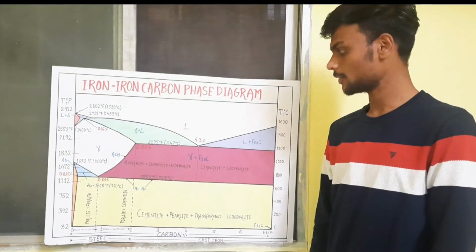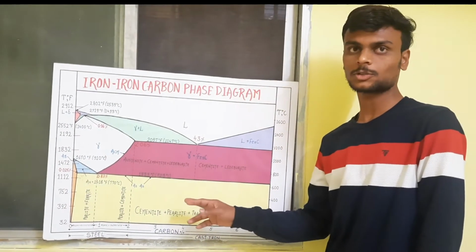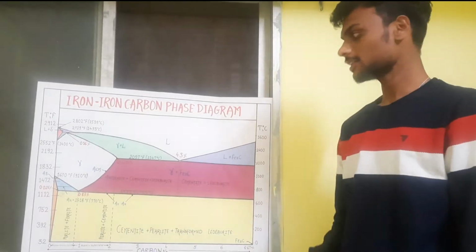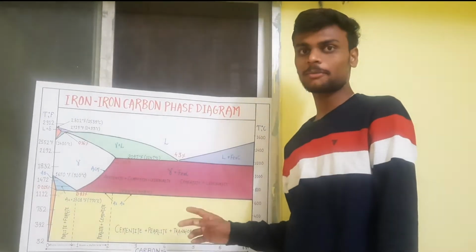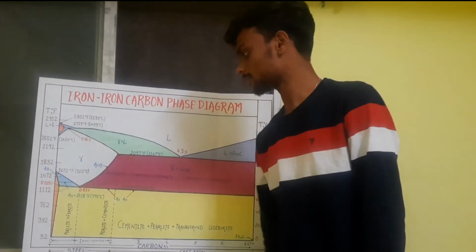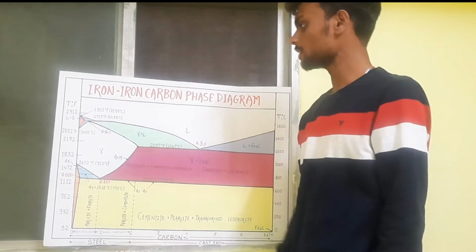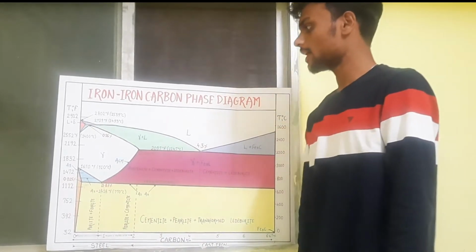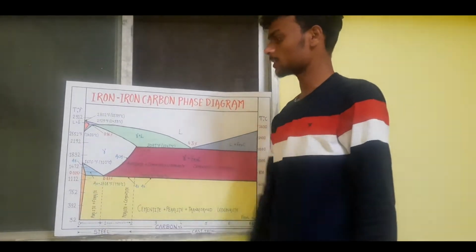A1 line, where pearlite transforms to austenite, occurs at 727 degrees Celsius. A2 line, where ferromagnetic ferrite becomes paramagnetic, occurs at 768 degrees Celsius. A3 line, my range is between 727 and 910 degrees Celsius, and here ferrite is greater than austenite.